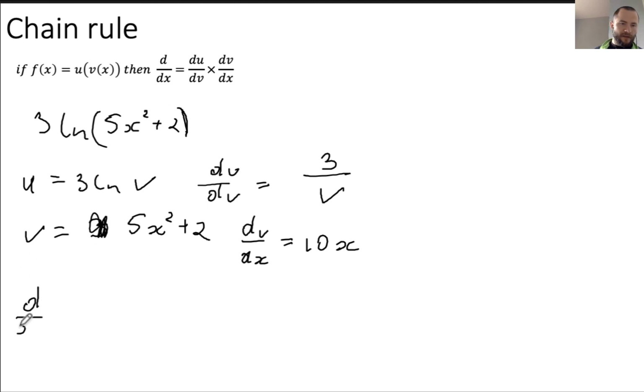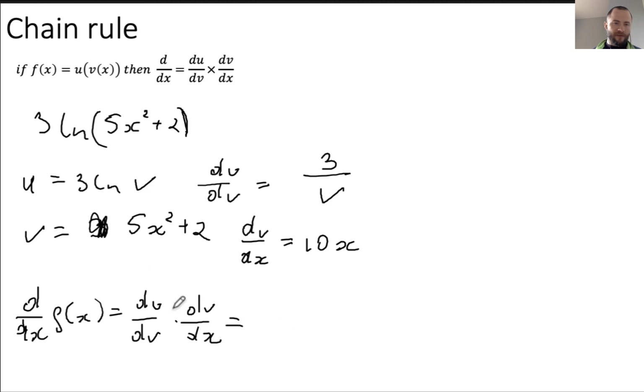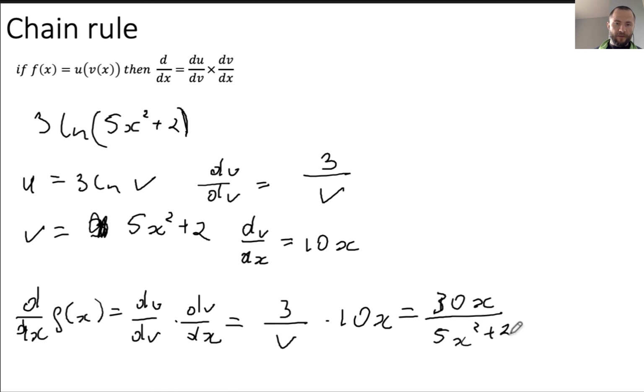Dx of f of x equals du dv times dv dx, and that equals 3 over v times 10x, so that gives me 30x divided by v, and I'm putting in 5x squared plus 2, and that's the derivative. Sometimes those chains become much longer. You might have 3 or 4 different derivatives of the inner and outer functions, but that's still possible to do.